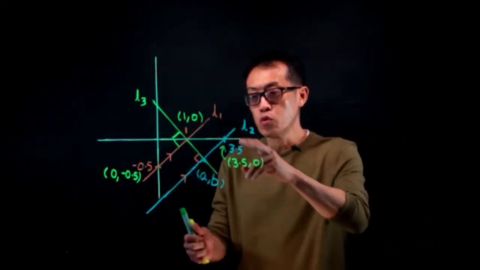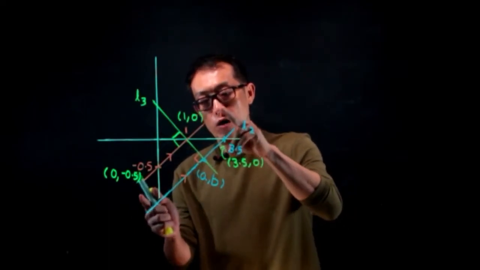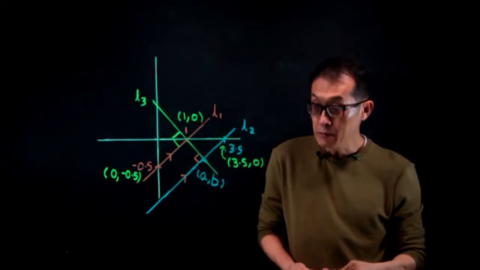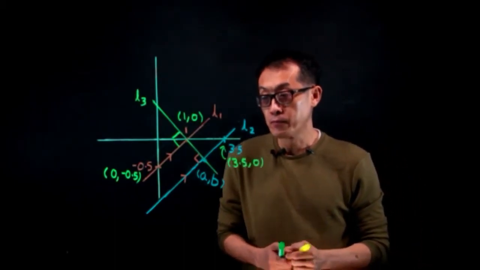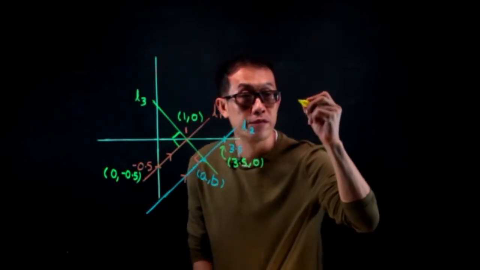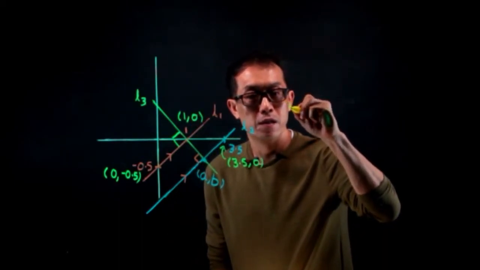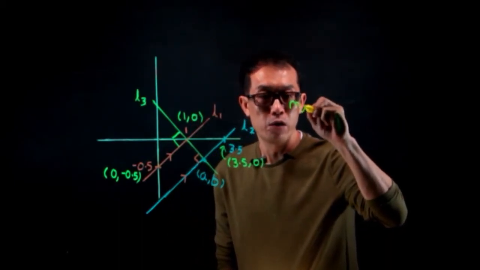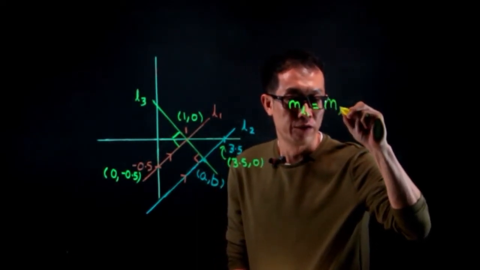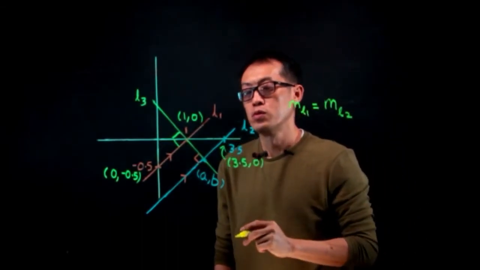Now, if these 2 lines, L1 and L2, are parallel, that means they have the same gradient. So you have m of L1 will be equal to m of L2.